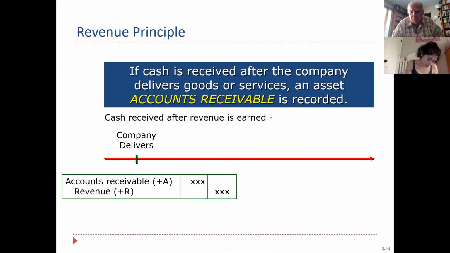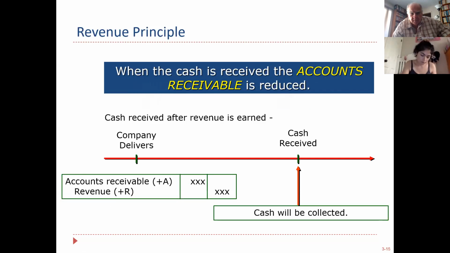But suppose you delivered those 20 pizzas to us and you just handed me a bill to be paid later. You still record the revenue, but there's no cash yet. What has happened is Papa John's now has an accounts receivable. Not cash, not as good as cash, but they know we're going to pay for those pizzas probably in a week or so.